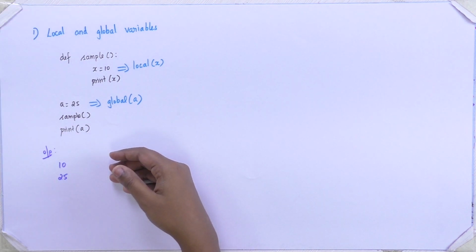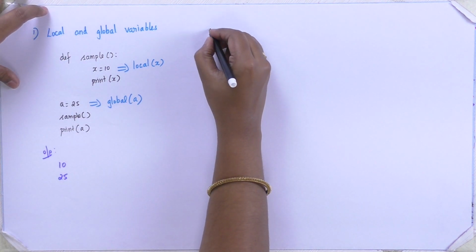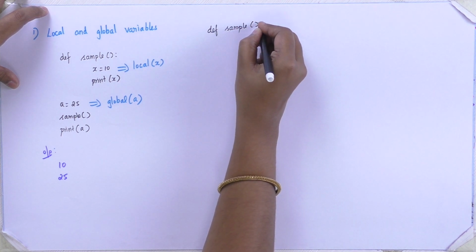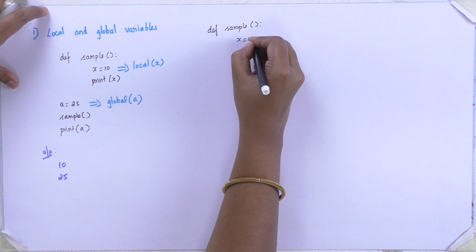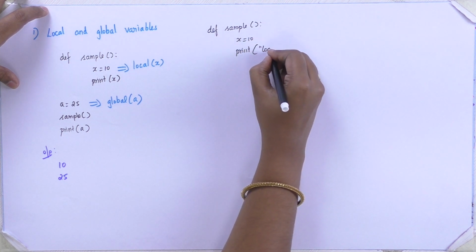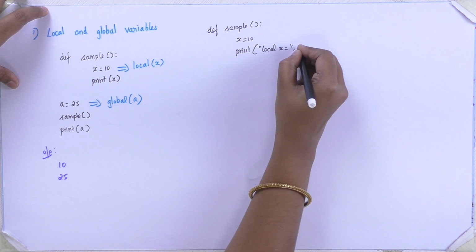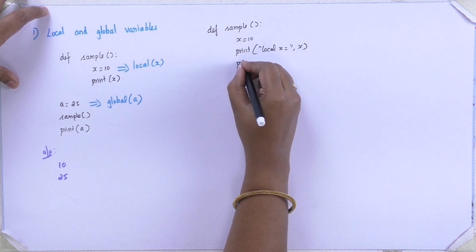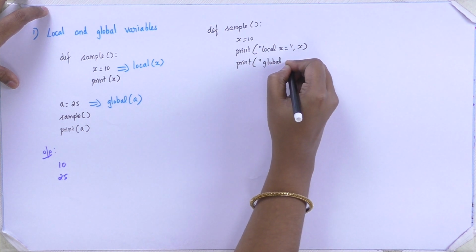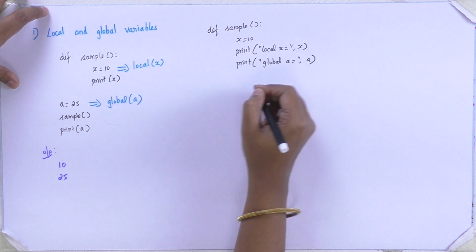For example, let me write another program for a better understanding. Definition sample, x is equal to 10. I'm printing local x is equal to x value, and then I'm printing global a is equal to a value.